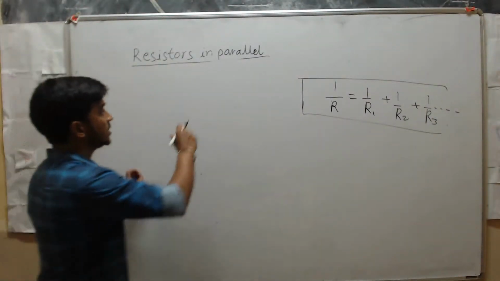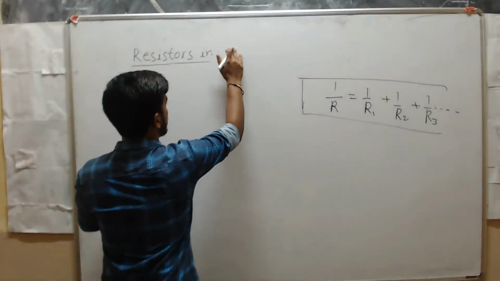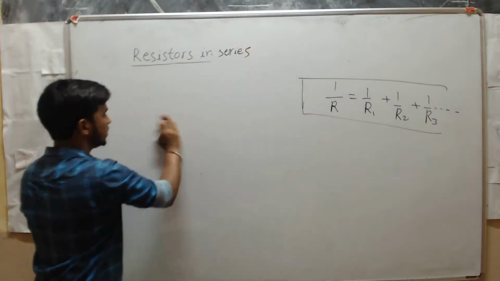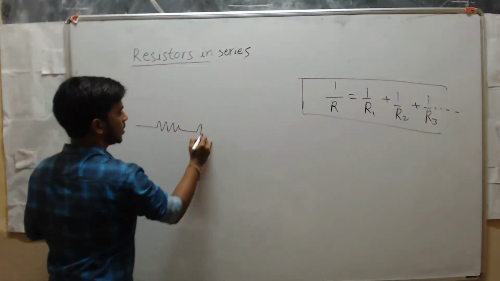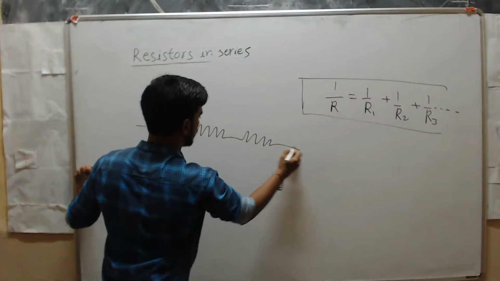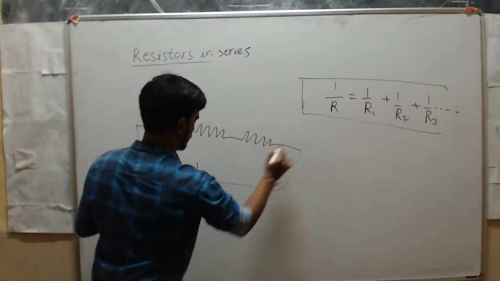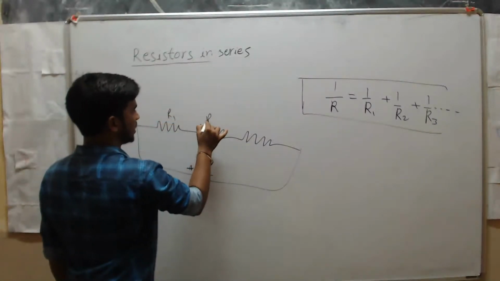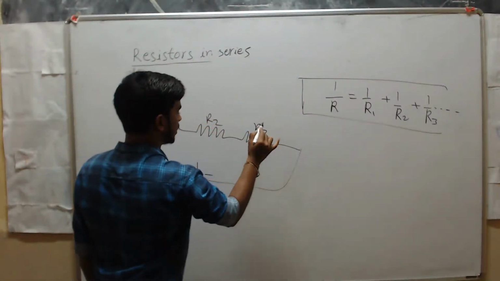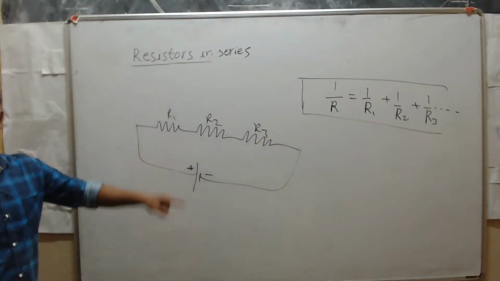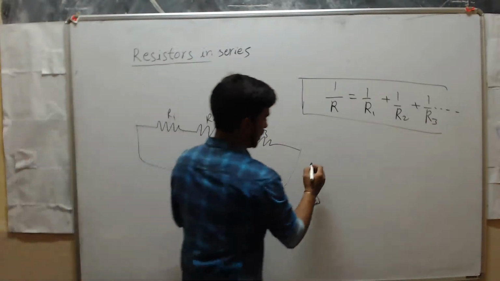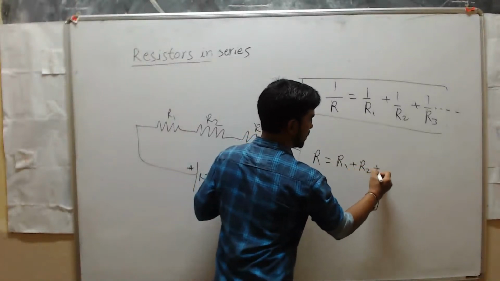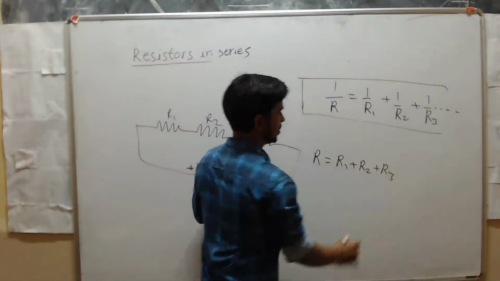Now suppose the resistors are in series. These resistors are in series, right? So if you want to calculate total resistance in the circuit, we use this formula: R equals R1 plus R2 plus R3.